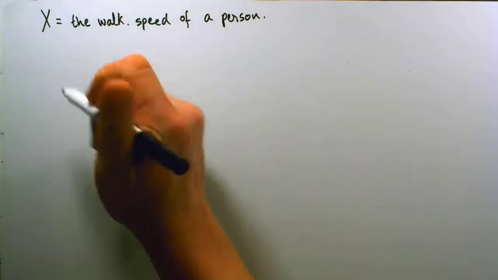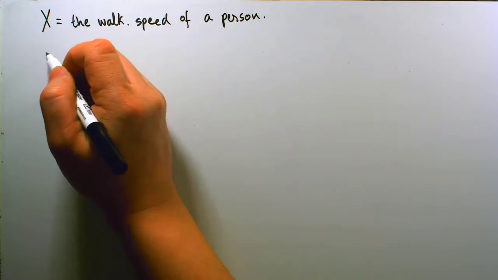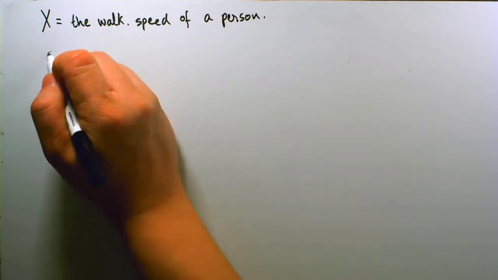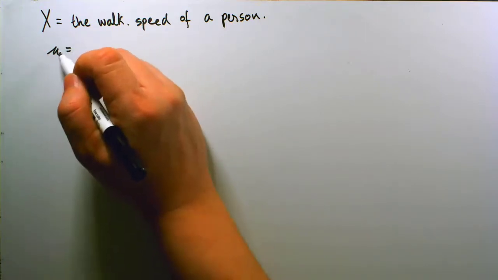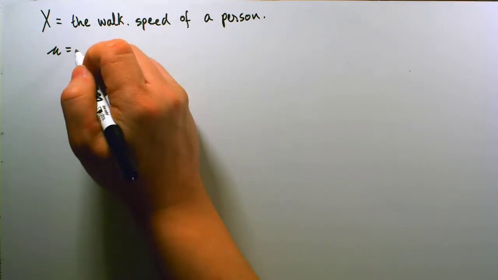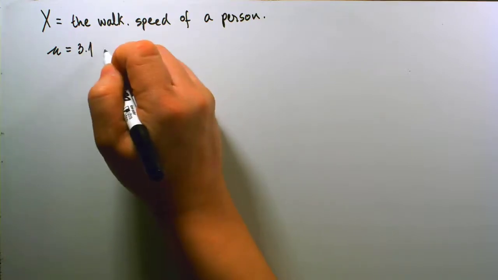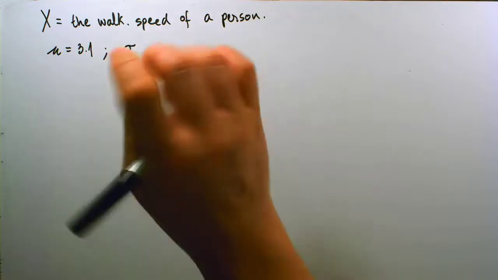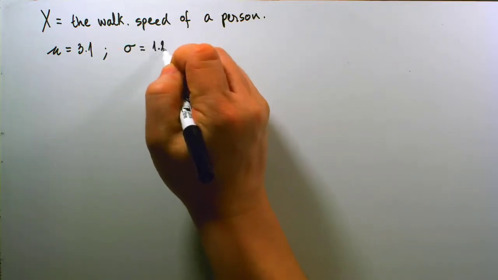And so from the information that I highlighted previously on the computer screen, we had a known mu, a given mean value to be 3.1, and along the way we had a given average spread, standard deviation, to be 1.25 miles per hour.